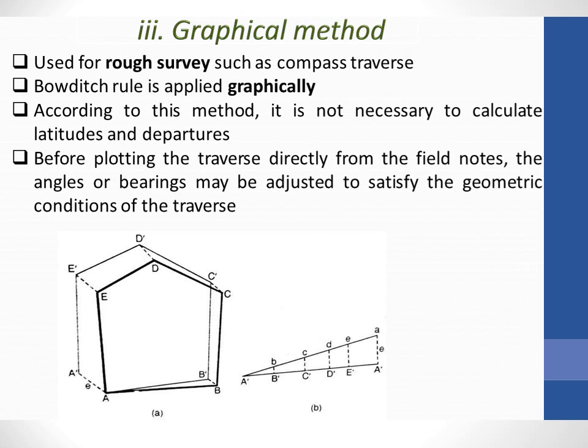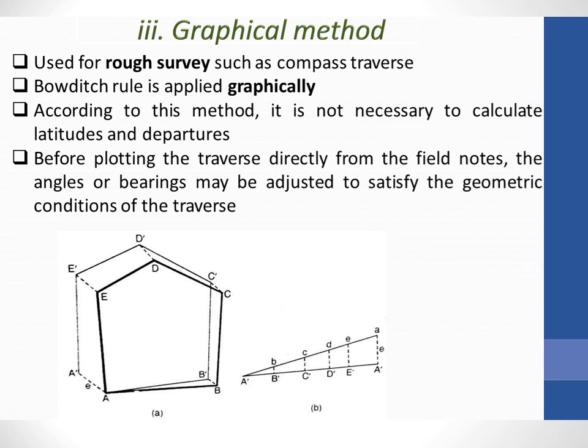Here in the figure, the actual traversing is given as A, B dash, C dash, D dash, E dash, A dash. So this is the actual traverse. Here A is the starting point. It continued to B dash, C dash, D dash, E dash and ended up at A dash. So it didn't complete the traverse.